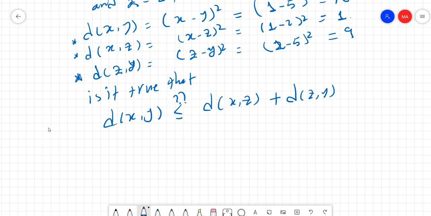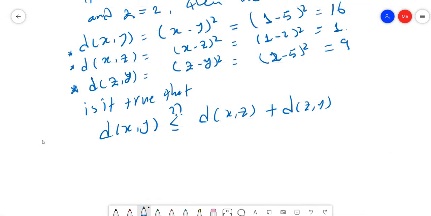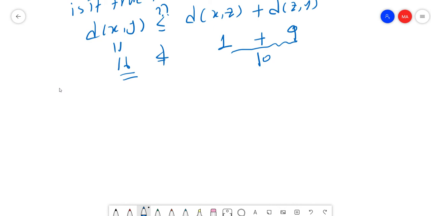As we have seen here, the distance between x and y is 16, which is not less than or equal to the distance between x and z, which is 1, plus the distance between z and y, which is 9. The sum of these distances is 10, which is less than 16. So D is not a metric.